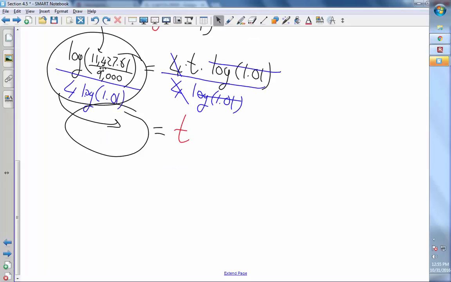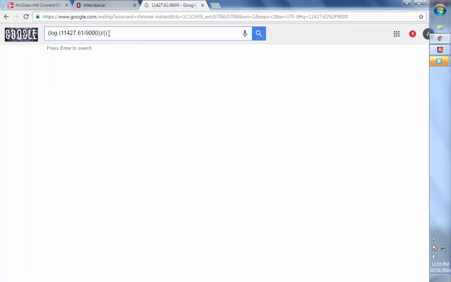What is the denominator? 4 log 101. If you wish, put another parenthesis around 101. Okay? Looks good? If you enter this same syntax, I believe it's going to work in your calculator as well.